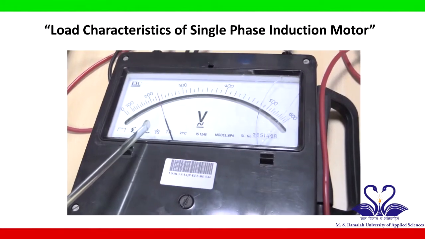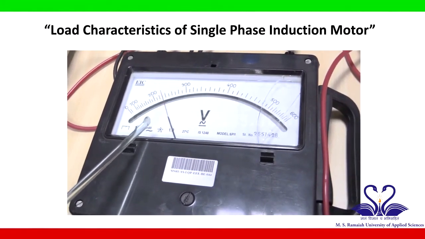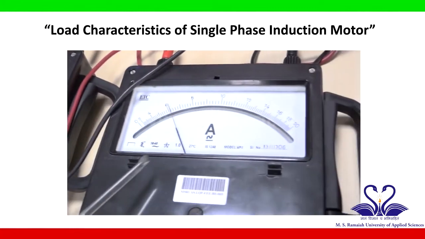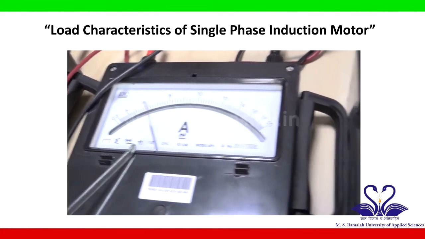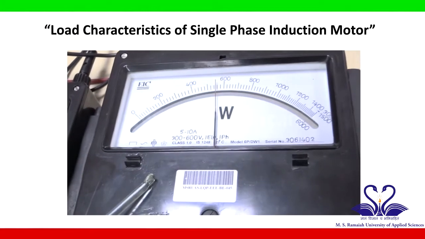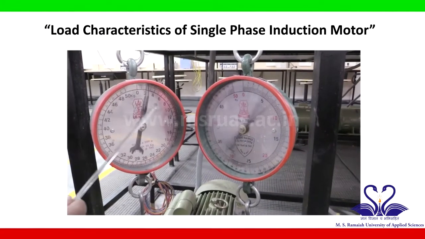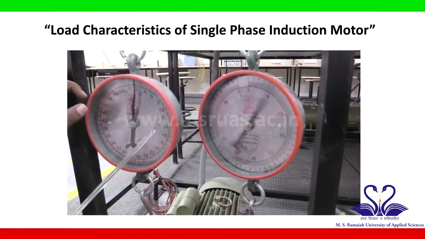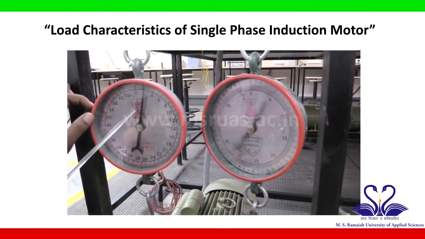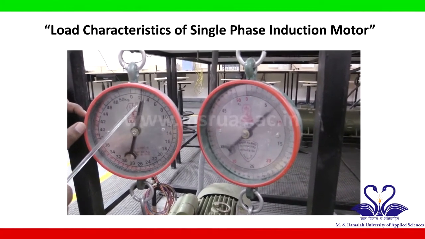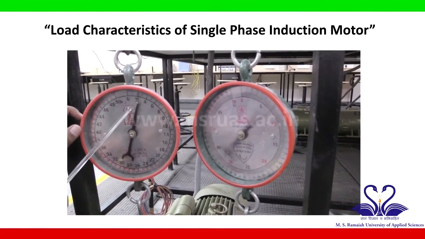Here the voltmeter is constant. So under load condition also it is showing 230 volts. The ammeter it is showing 6 amperes. Now wattmeter it is 560 watts. Now note down the readings of S1 and S2. Now it is oscillating between 1 and 3. So take the average of 1 and 3, that is 2.